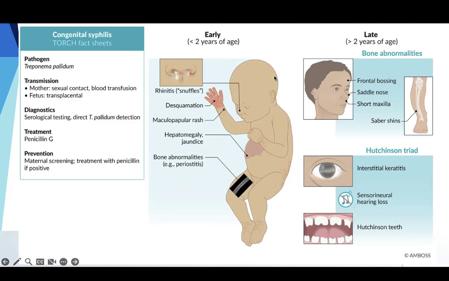The most prominent physical exam findings that are always tested in boards is the Hutchinson triad: interstitial keratitis in the eyes, sensorineural hearing loss, and Hutchinson teeth. So this triad is super high yield for boards, and it usually occurs a little bit later, after 2 years old.